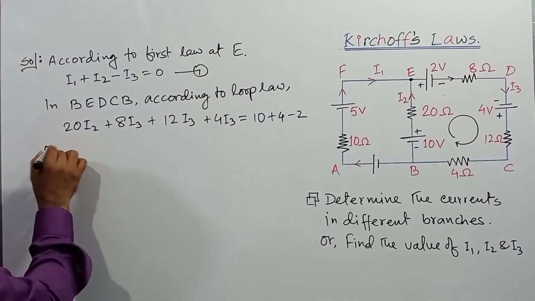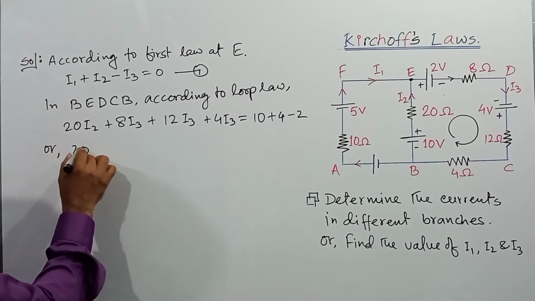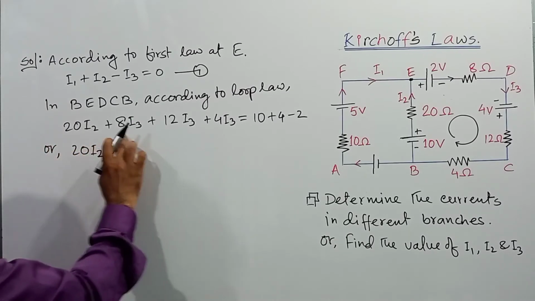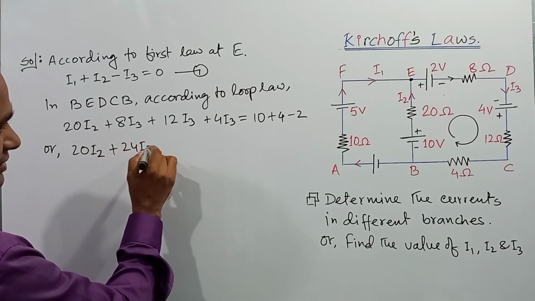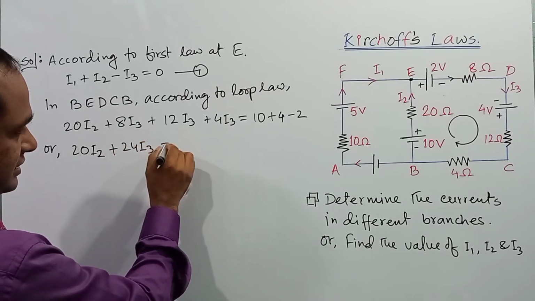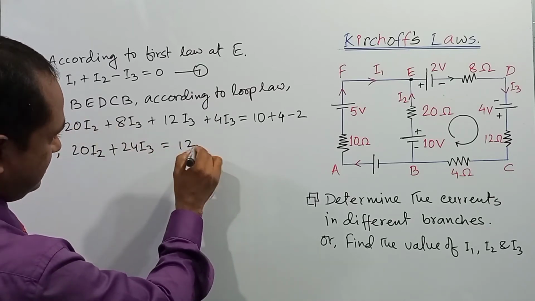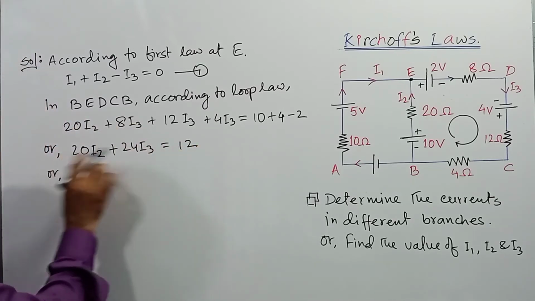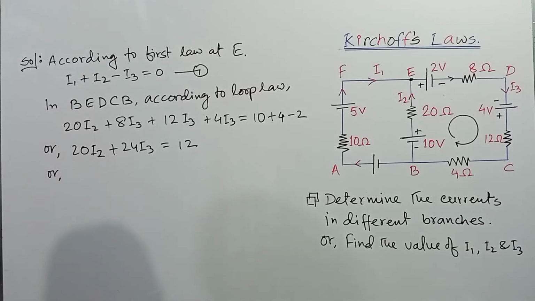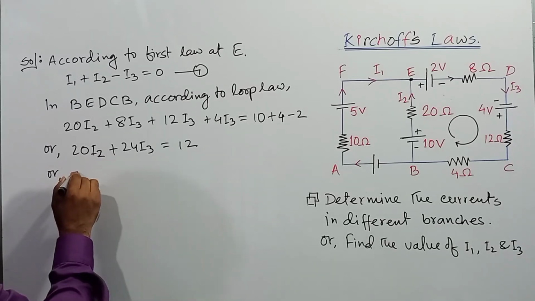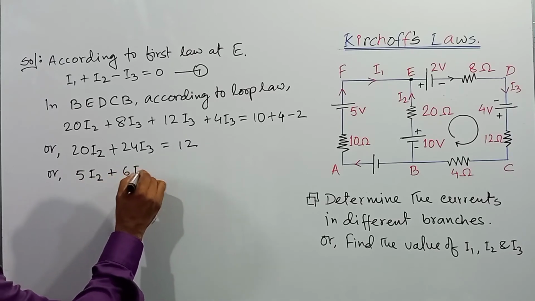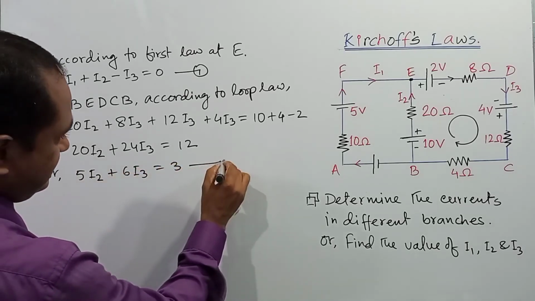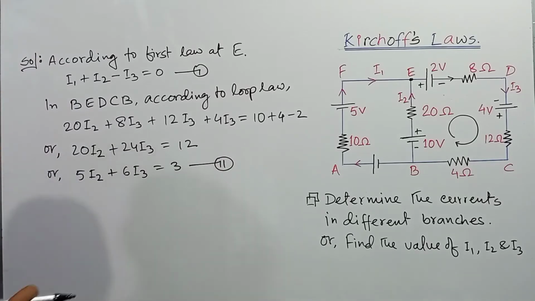So 4 I3 on the left side: 20 I2 plus 24 I3 equals 12. If we simplify by dividing both sides by 4, we get 5 I2 plus 6 I3 equal to 3. This is equation number 2.